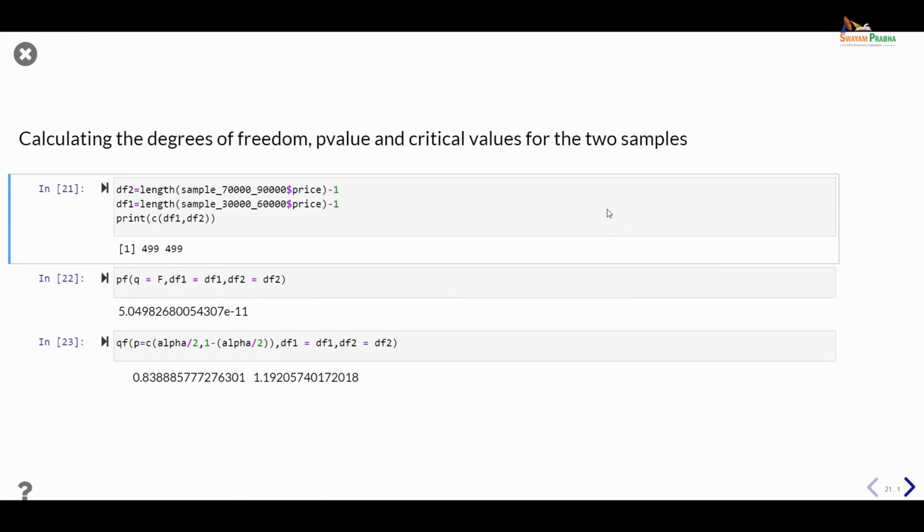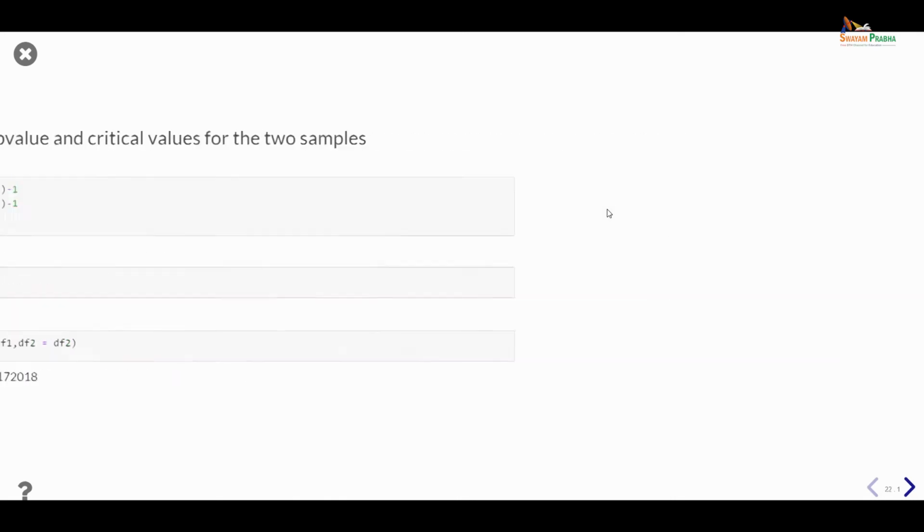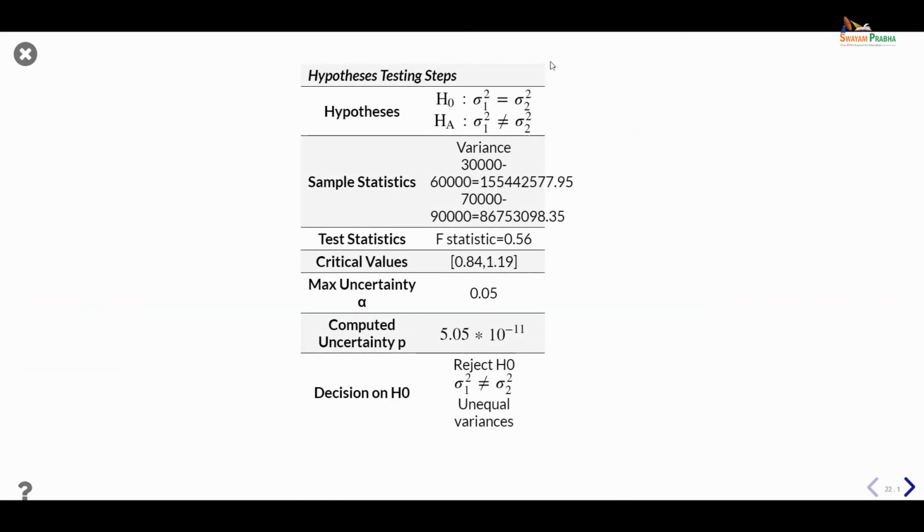So now that we have computed the degrees of freedom, p value and the critical value, let's decide whether the samples have equal or unequal variances. The null hypothesis is that both the samples have equal variance, and the alternate hypothesis is that the samples have unequal variance. The sample statistic is the variance that we earlier computed, and the test statistic is the F statistic, which is equal to 0.56.